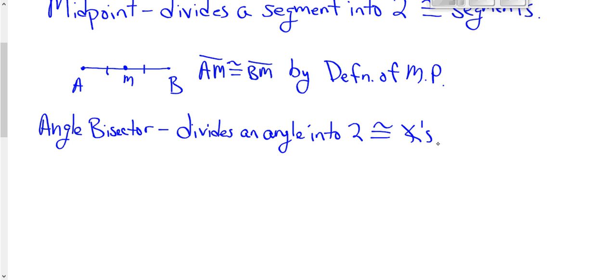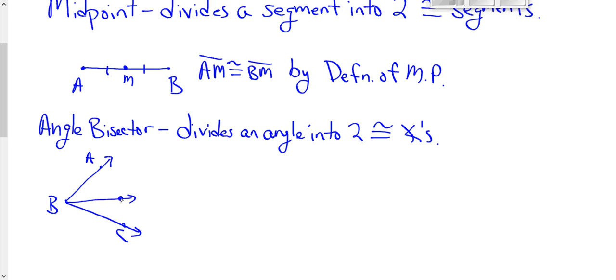All right, and I'll draw a picture. So here's an angle. We'll call that A. We'll call that B. C. And I'll draw this here.